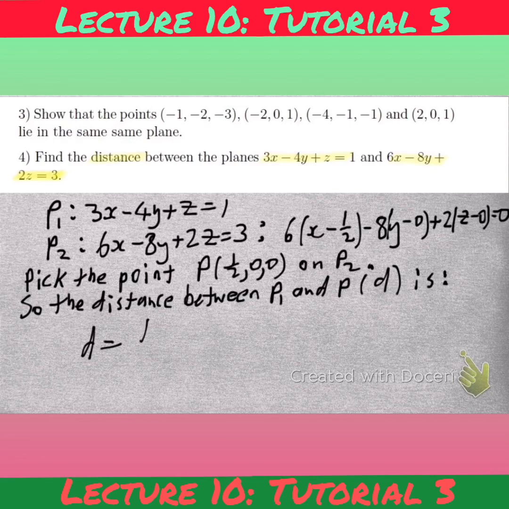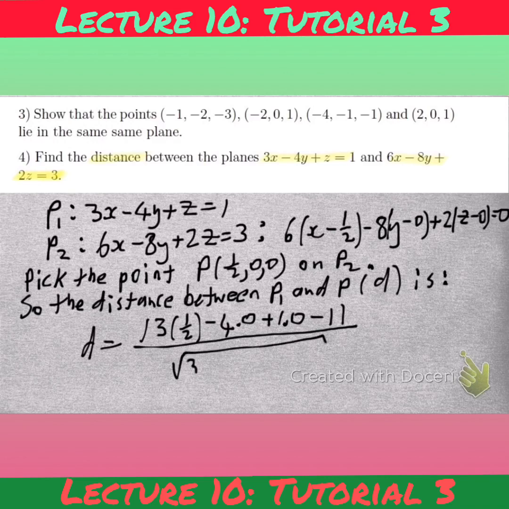the absolute value of 3 times 0.5 minus 4 times 0 plus 1 times 0 minus 1, divided by the norm of the normal vector of P1. And that is the square root of 3 squared plus minus 4 squared plus 1 squared.